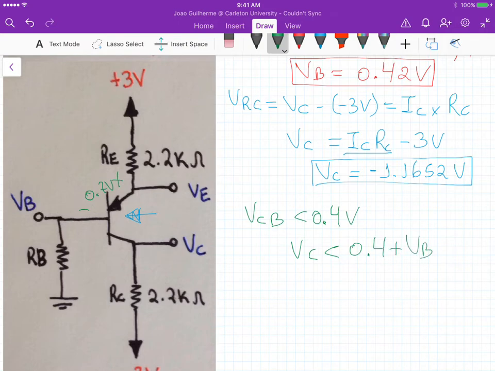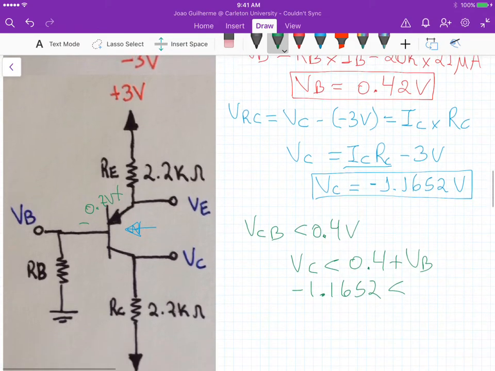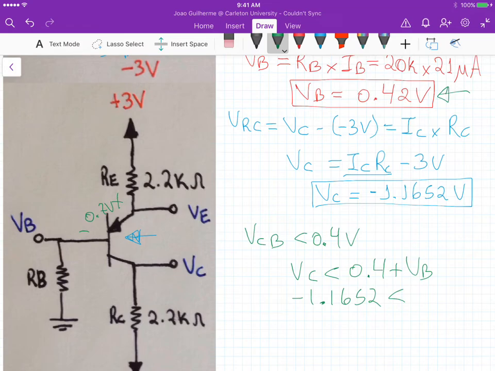And in our case, VC is negative, minus 1.1652. It should be less than VB plus 0.4, and VB is 0.42, right? So minus 1.1652 is less than 0.82 volts. So our first assumption that the BJT is operating in the active mode holds.